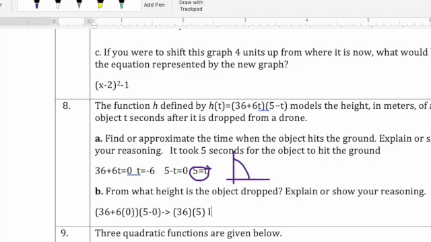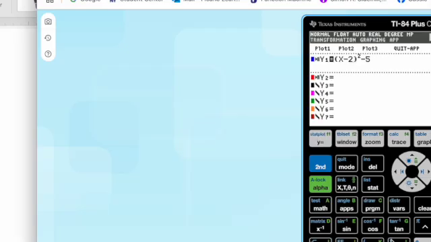So it was dropped at a height of 180 meters. Now, you could put this in here: 36 plus 6x times 5 minus x.